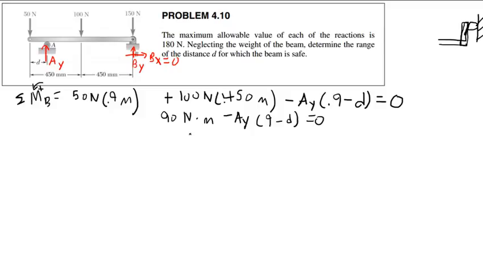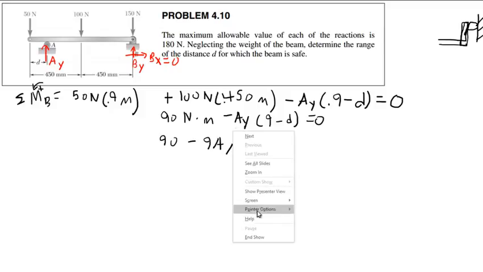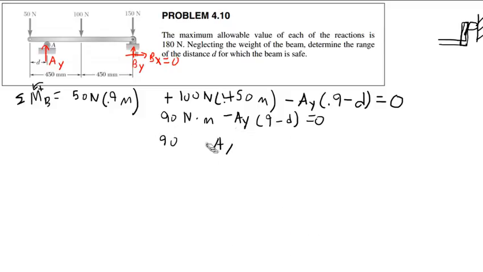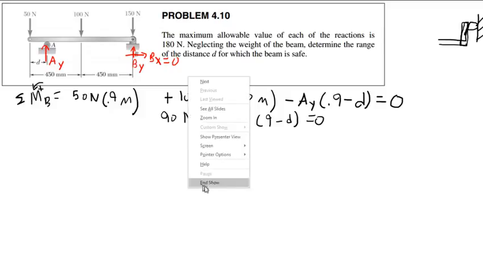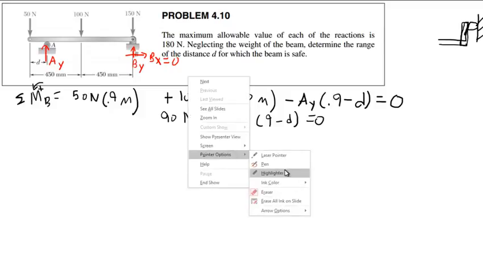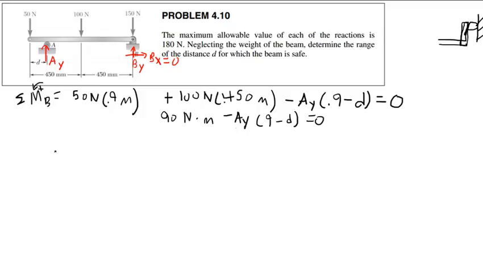Okay, so here, let's just do 90 minus 9AY. Actually, you know what? I probably don't want to do that. Let me erase that. I need to put this term over there. Let's say, AY times 9 minus D equals 90.